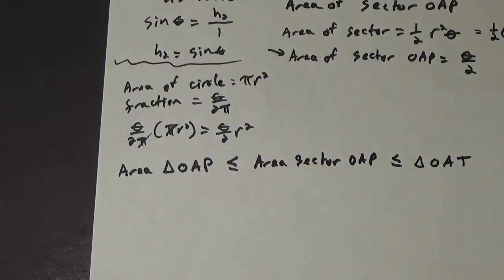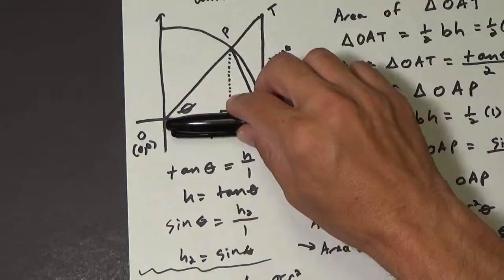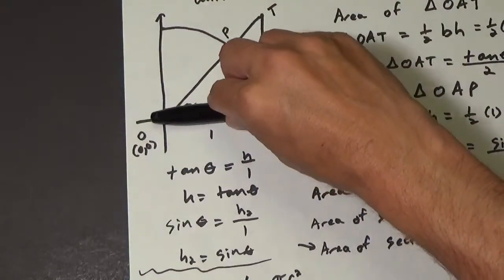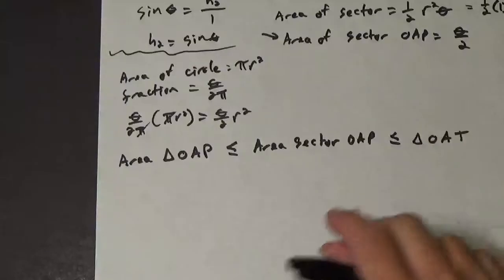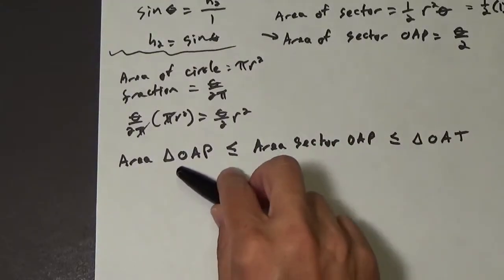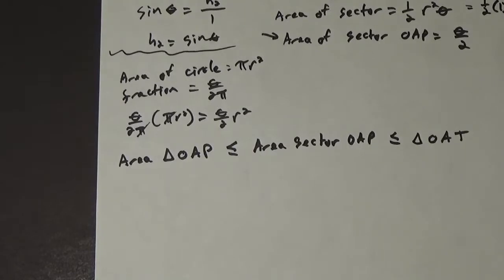That always is the case. Of course, these will all be equal when the angle is 0, because as this thing goes down to 0, then these all kind of converge onto themselves. But this will always be the smallest or equal, and this will also always be the greatest or equal to.